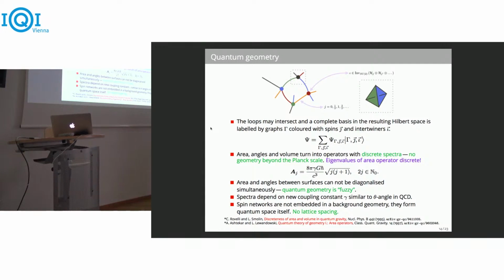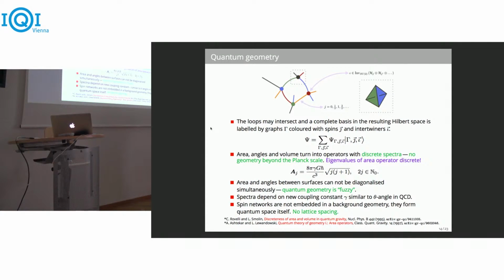And what you then find is, since the gravity analog of the electric field represents a geometric quantity, that geometry itself becomes quantized. In fact, areas, angles, and volumes turn out to have discrete spectra as quantum operators.